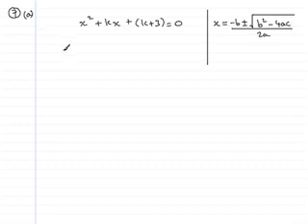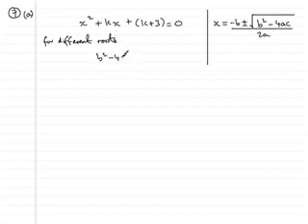So to introduce this answer, I'm going to say that for different roots, b squared minus 4ac has to be greater than 0. That sets me up with my inequality now.